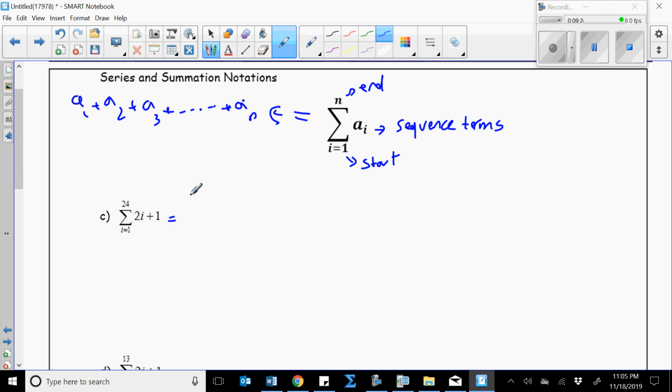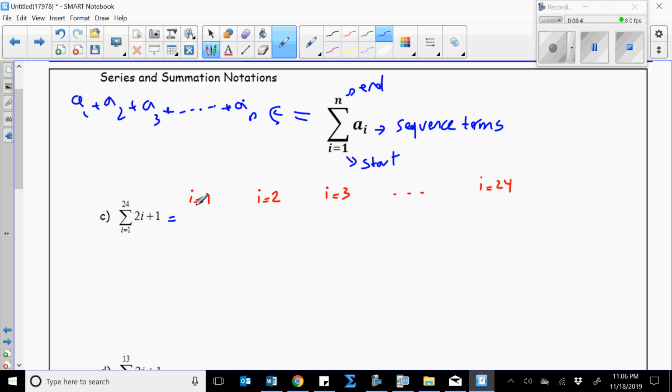So I'm going to start from i equal to 1 because it starts from 1. Then I will find the next one, i equal to 2, add 1 to i. Then i equal to 3, and then I'm not going to do all of them. I will do the last one, i equal to 24, and see what I will have here.